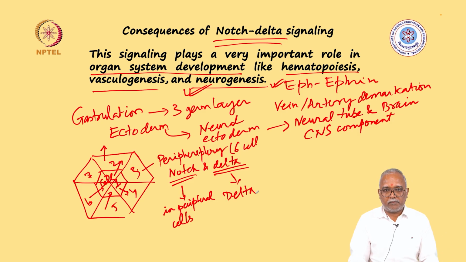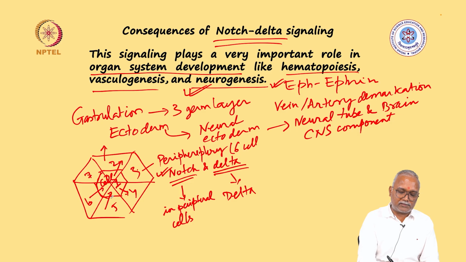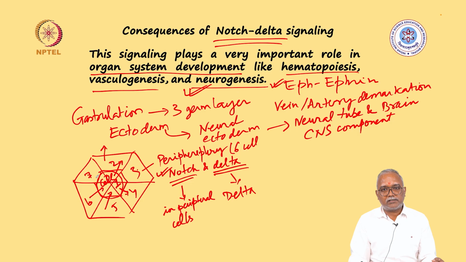From what we saw in the previous slide, the cell expressing Notch, the receptor, will undergo the signaling. So the message given to the peripheral cell is that the fate of the central cell has been identified. In this case, the central cell which expresses more Delta acquires the fate of neurons.